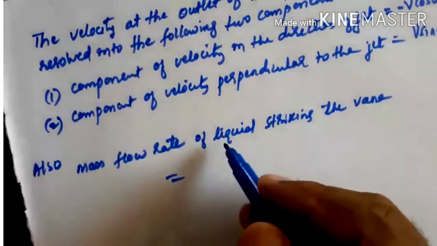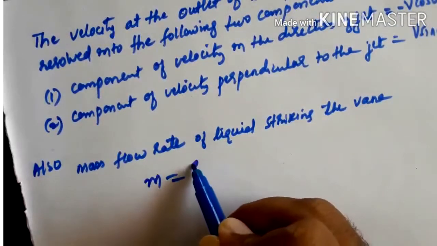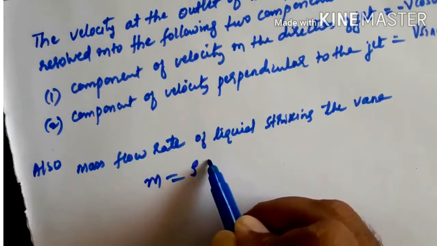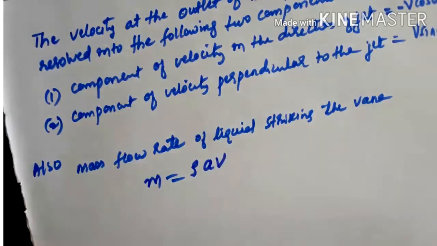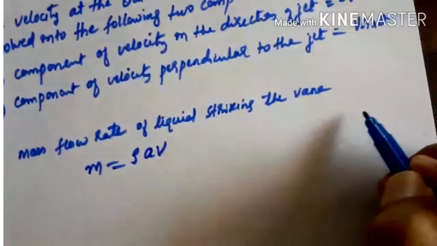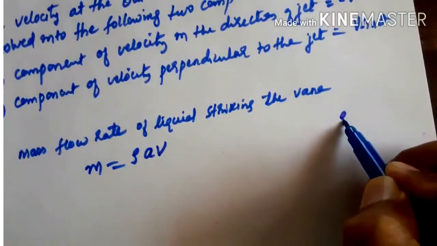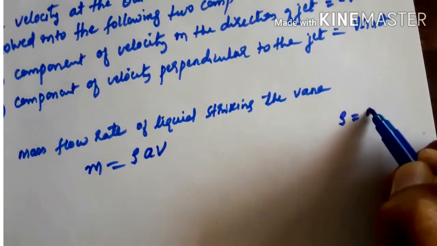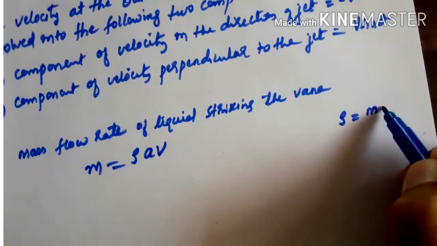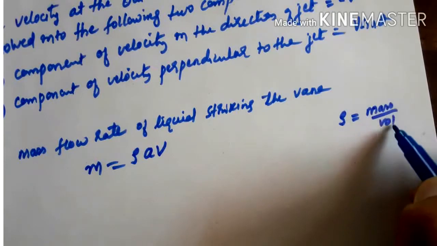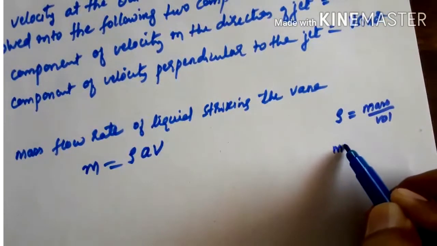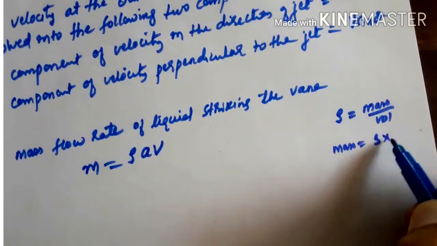That mass flow rate can be given as rho A V. As we know, density is equal to mass by volume. So what is mass? Density into volume.